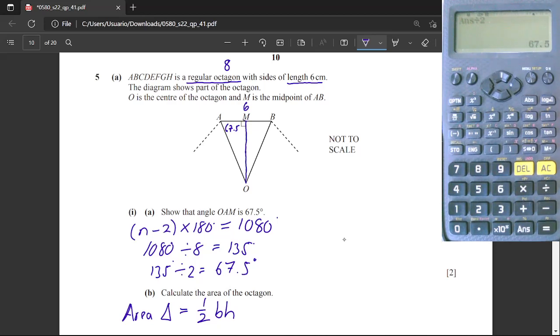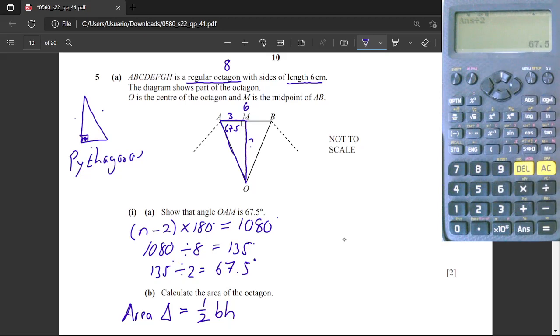Now to find OM, we've got a right angle triangle there. You see it? In that right angle triangle, we've got the length AM, which is 3, as M is the midpoint of that 6, and we want to find that over there. With right angle triangles, we can use one of 2 things. We can use Pythagoras, but Pythagoras only works with the sides, no angles.